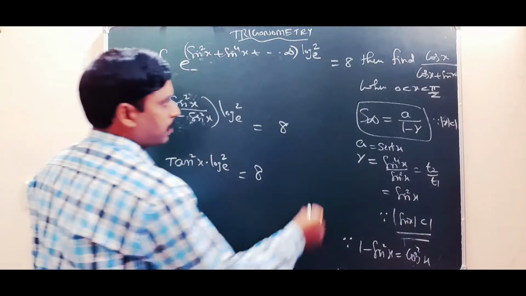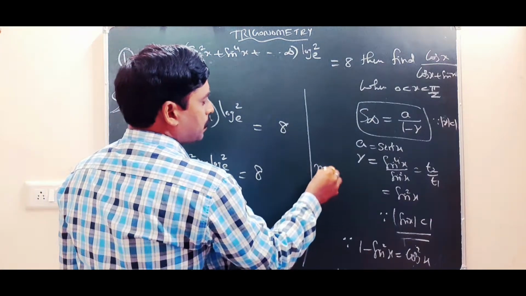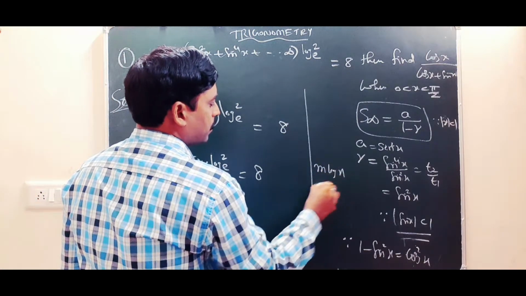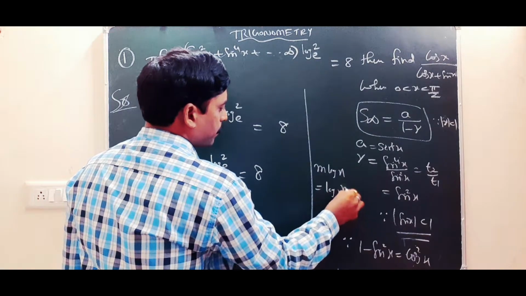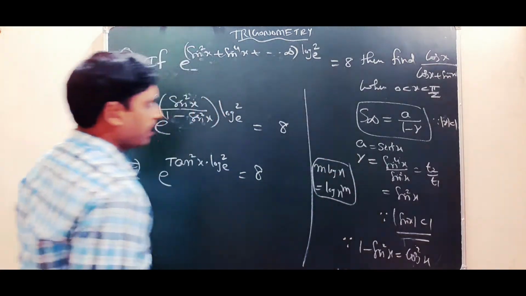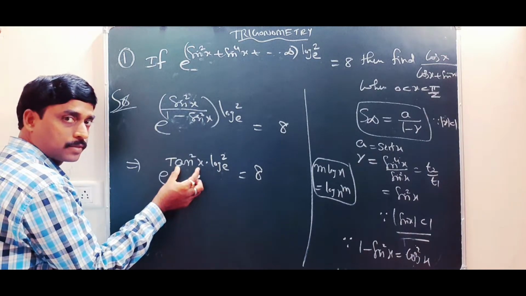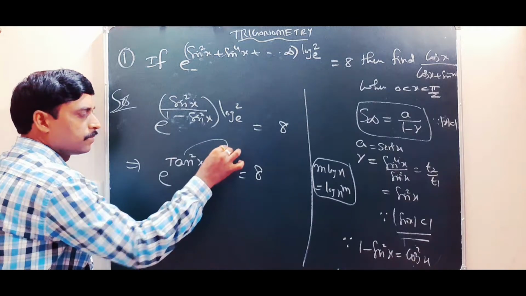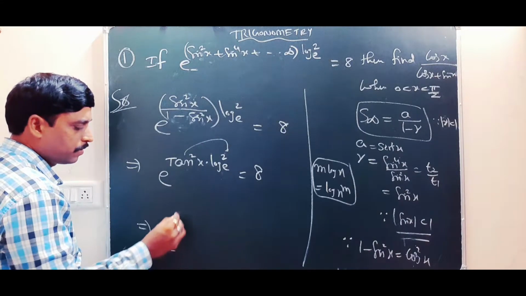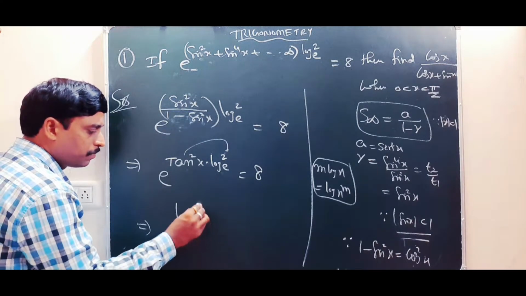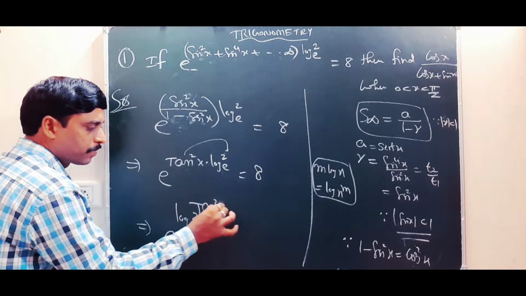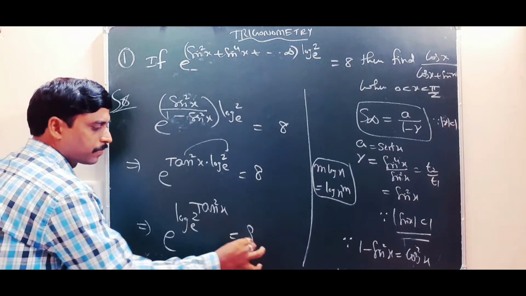We have one formula: m into log n is equal to log n to the power m. We should apply this formula to tan square x into log 2 base c. This tan square x taking in power, it is going to be e to the power log 2 to the power tan square x base c is equal to 8.